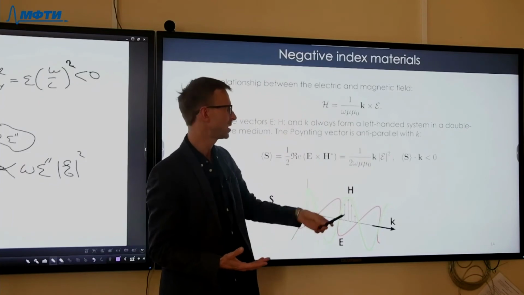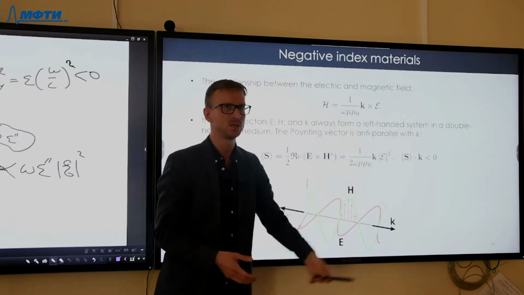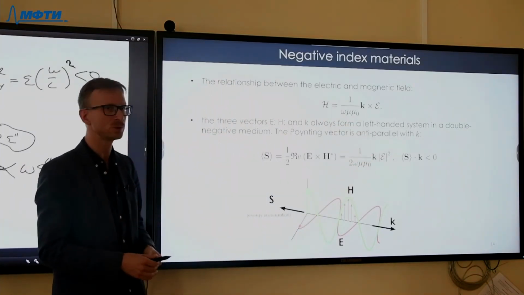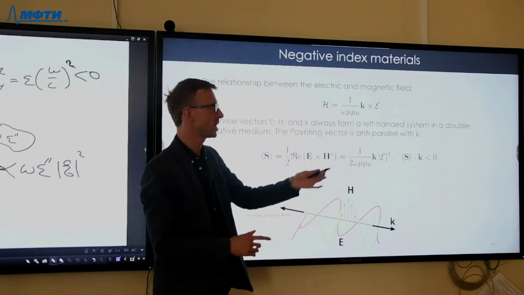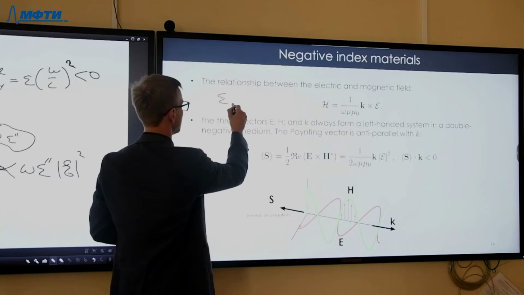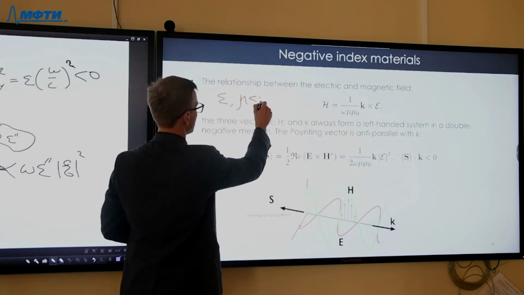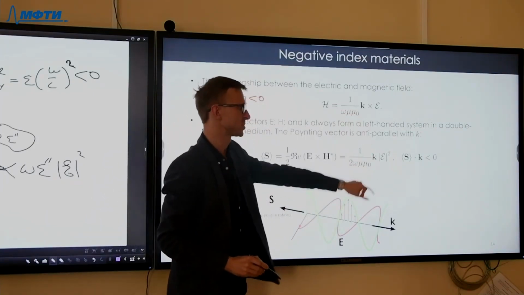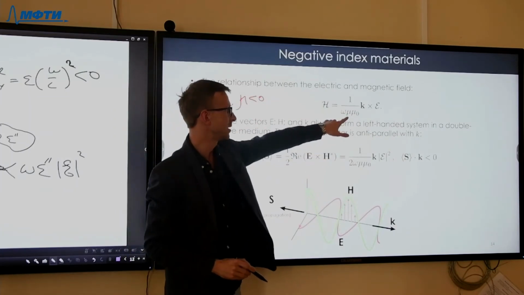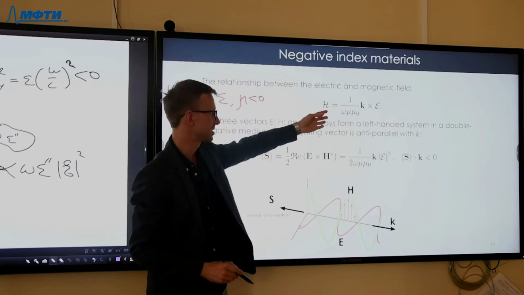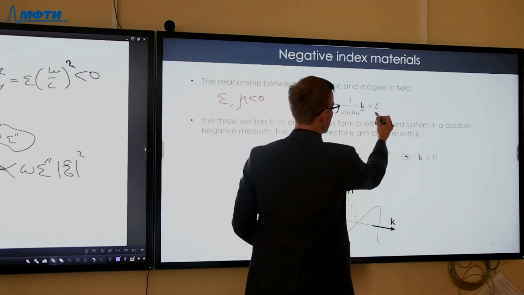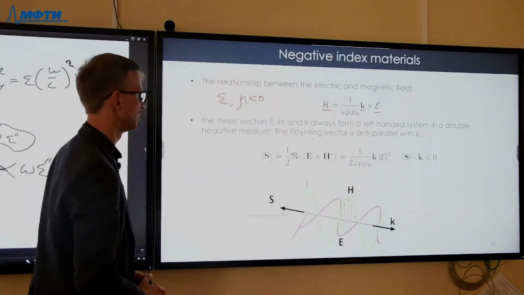But this is not the case because k then would be imaginary or complex, and we couldn't talk about a right-handed or left-handed triplet. But because it is epsilon and mu that are both negative, k becomes real valued, and negative mu makes it such that these three vectors form a left-handed vector triplet.